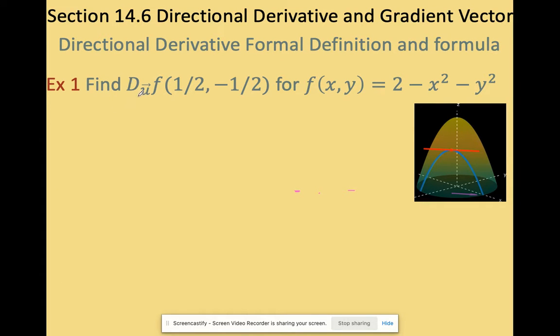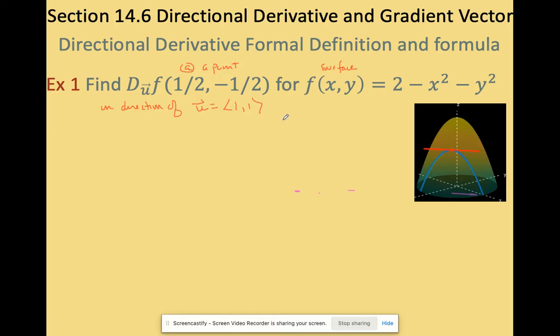Find the directional derivative at a point for a surface, but I need to tell you what direction I want. Or of course I could write that as i plus j, right?